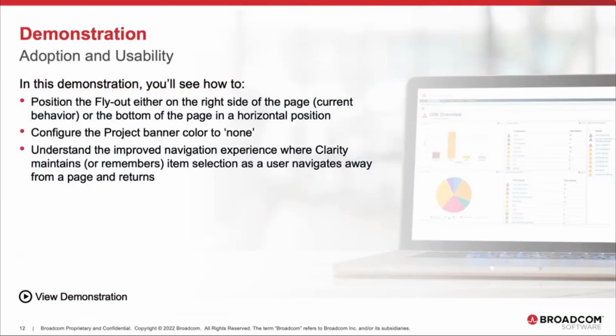We'll take a look at the new color option for the project banner, and we'll walk through that improved navigation experience where Clarity remembers item selection as a user navigates away from a page and returns. So let's get into the demo.